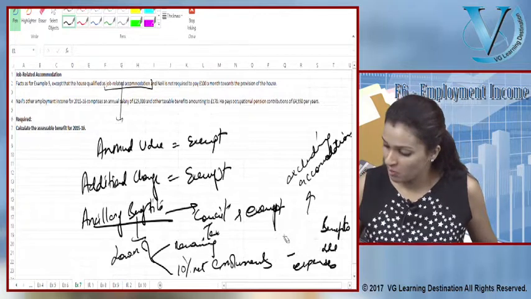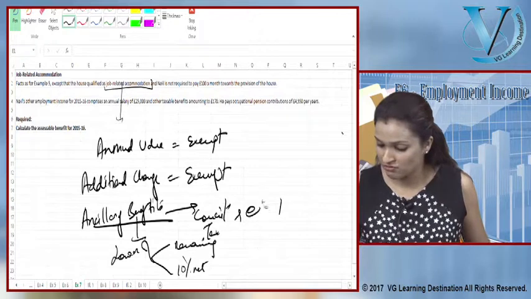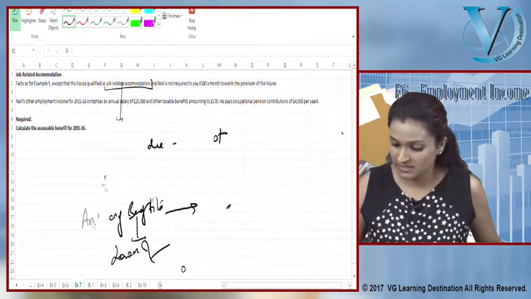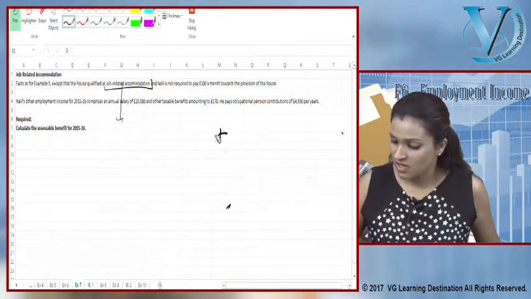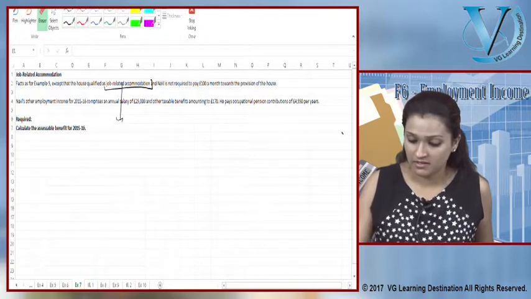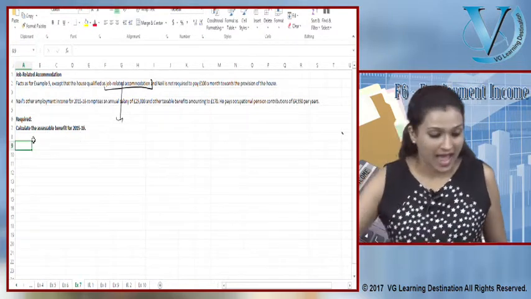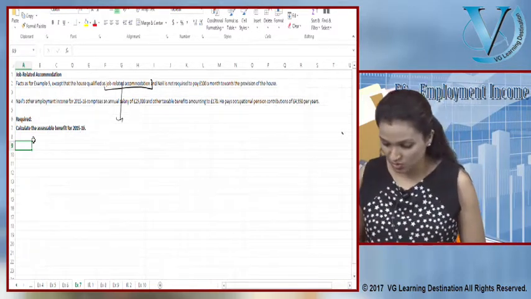So now that we know what we need to follow, let's quickly follow the rules and be able to solve this question. So now that this property, this house has become a job related accommodation, what happens? Let's start. Where do we first start off? We definitely start with the annual value, which is now exempt, so which is equals to 0.